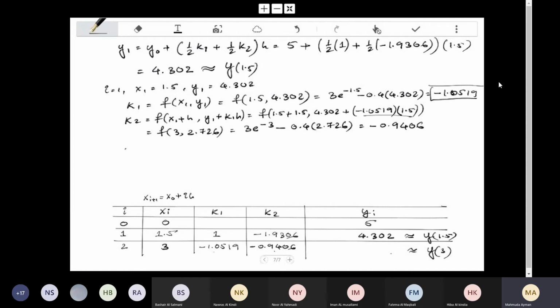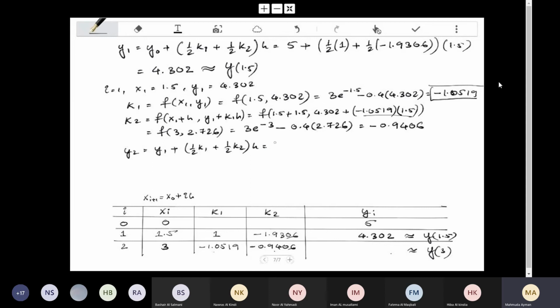Now we'll calculate y2. So that is y1 plus half times k1 plus half times k2, times h.